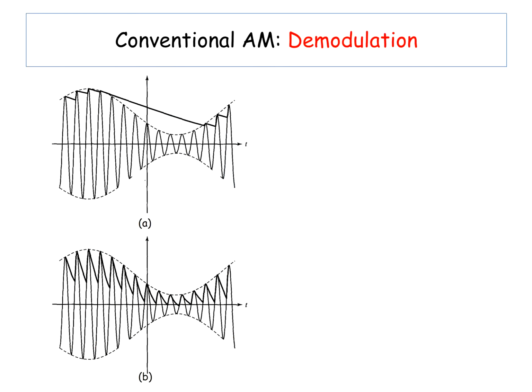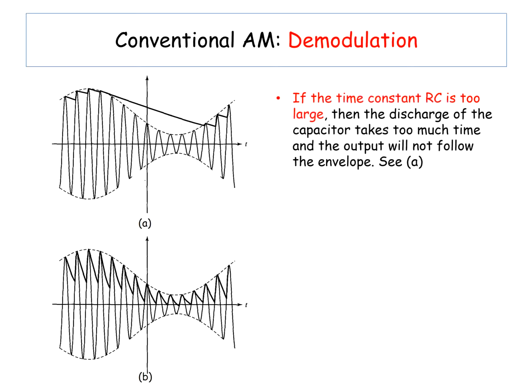For the proper operation, the time constant of the RC circuit in the envelope detector should be carefully selected. If the time constant RC is too large, the discharge of the capacitor takes too much time. Then the output will not be able to follow the envelope.